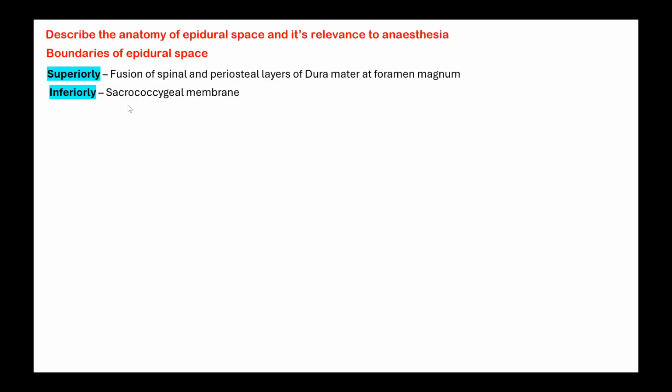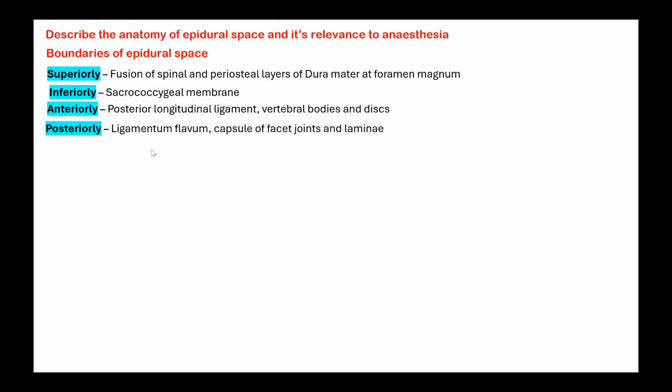Inferiorly it goes up to the sacrococcygeal membrane. Anteriorly it runs along the posterior longitudinal ligament, vertebral bodies and disc, because it is a circular covering. Posteriorly, ligamentum flavum, capsule of the facet joints and laminae are the boundaries of the epidural space. And laterally, the pedicles and the intervertebral foramen.